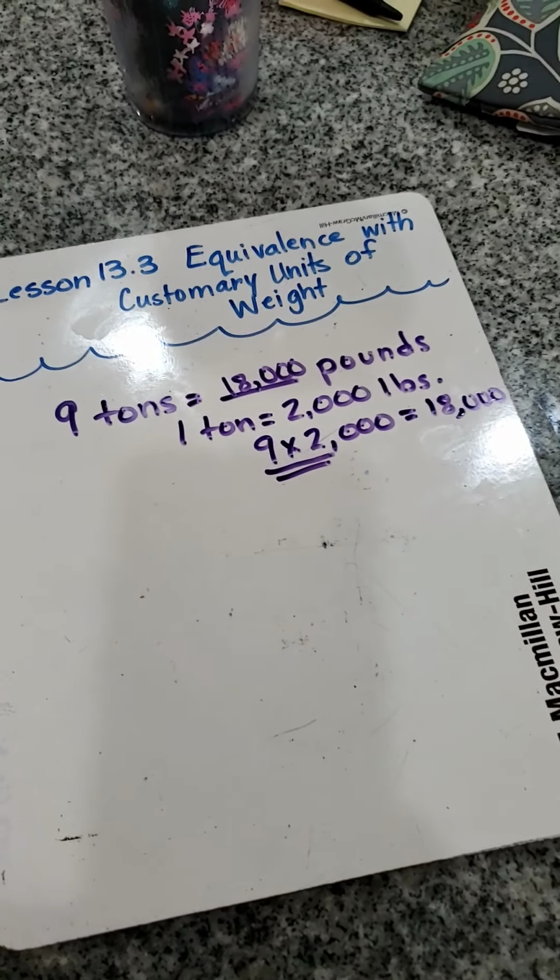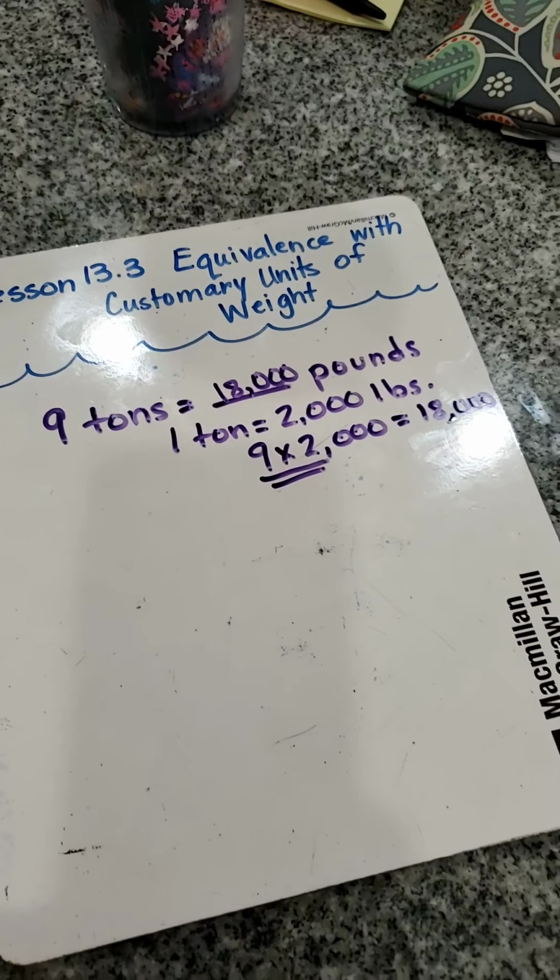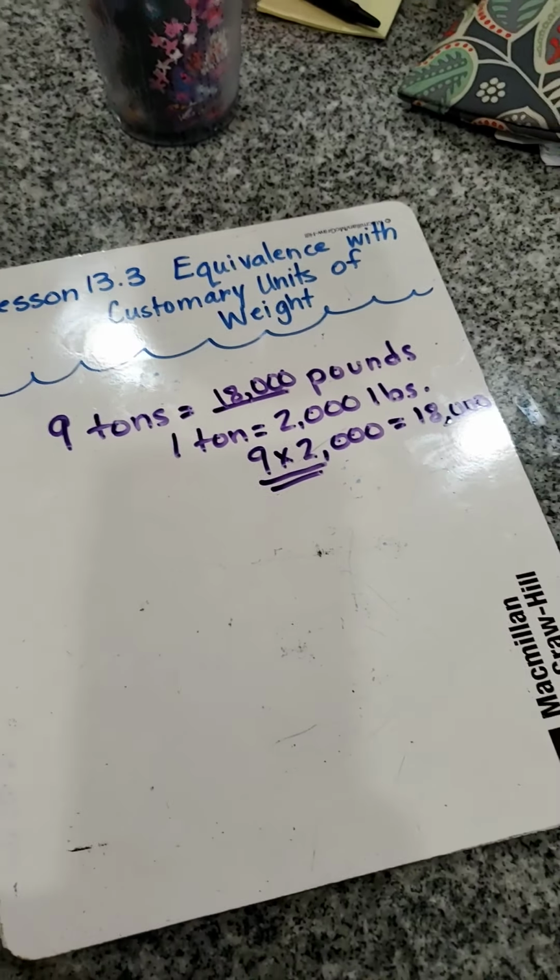Let's try another one. Let's try one with fractions. 3/4 a pound is equivalent to how many ounces? Well, again, using our conversion chart, we know that 1 pound is equal to 16 ounces.